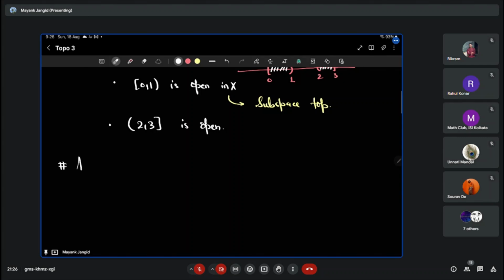Another example: [0, 1] as a subset of R with the usual topology is connected.